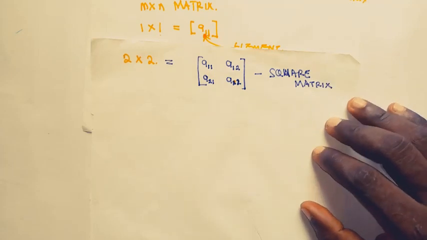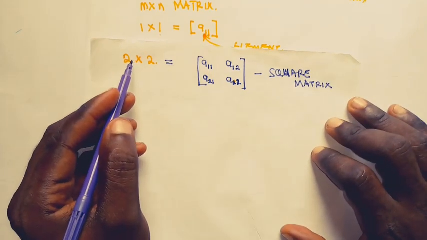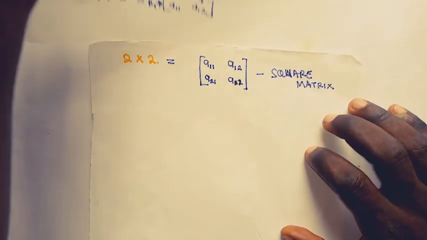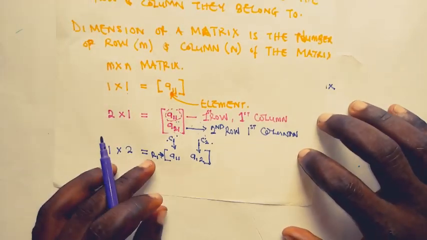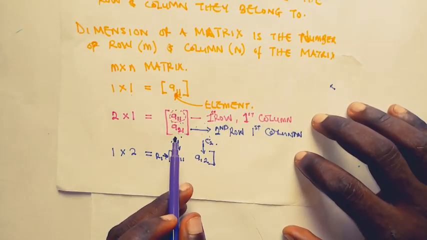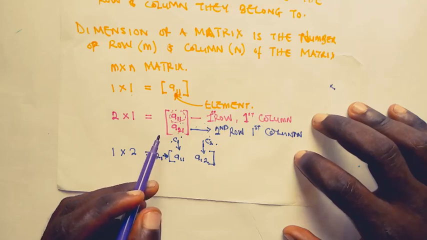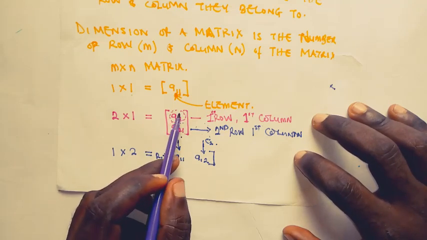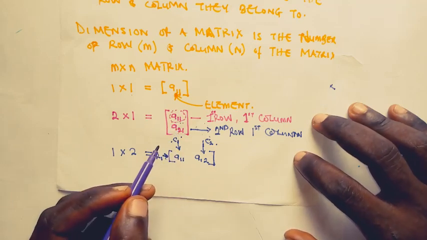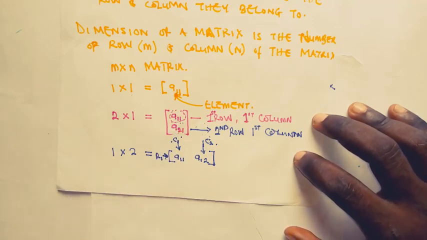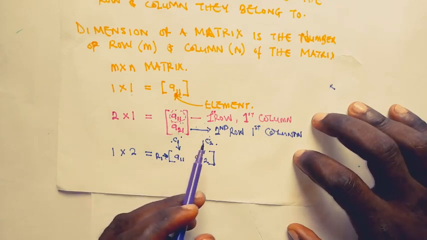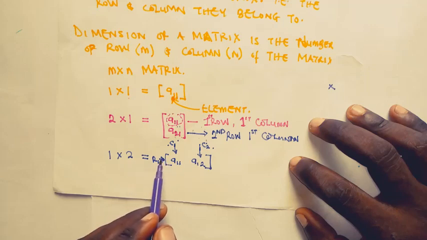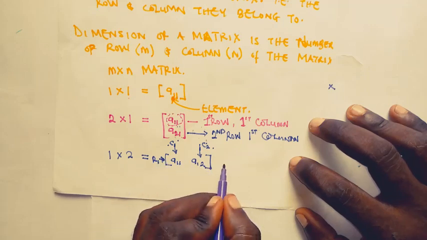It's a square matrix, and it is so because it has an equal number of rows and columns. Unlike the previous matrices, the 2 by 1 matrix, any matrix that has a single column is a column vector, while any matrix that has a single row is a row vector.